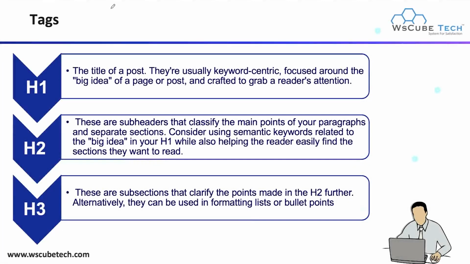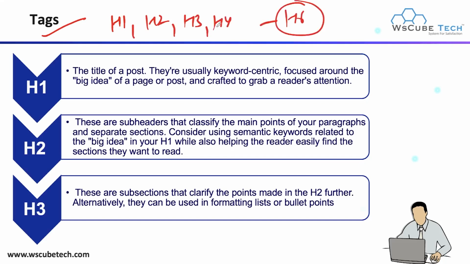Now, what are the tags we have? We have 6 different tags in heading tags. Starting with H1, we have H2, then H3, H4, and up to H6. These are the 6 different types of heading tags. Let's start with the H1 tag. H1 is the title of a particular post.